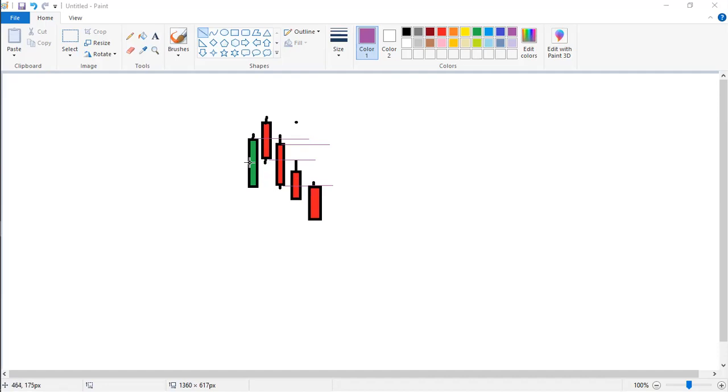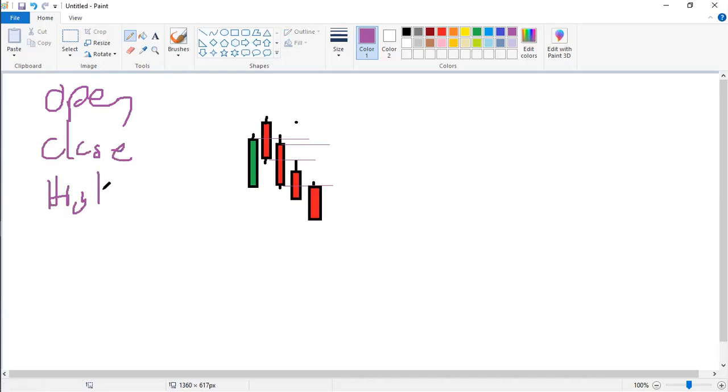On that three candle pattern, you're going to mark the open, the close, the low, the high, and also the equilibrium of the order block, especially if you have an order block. These are the key levels that you're going to mark on these three candles.